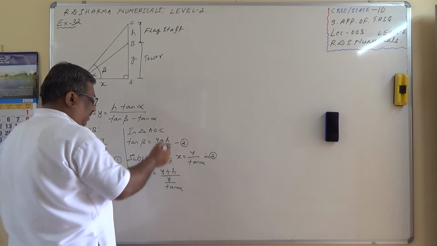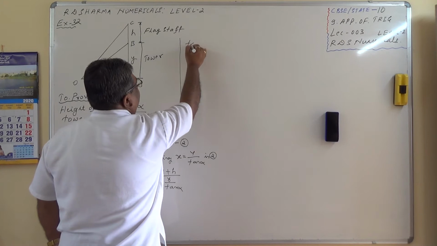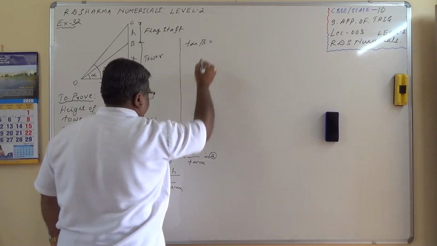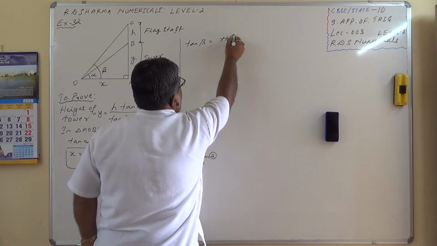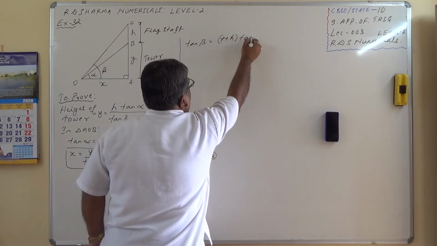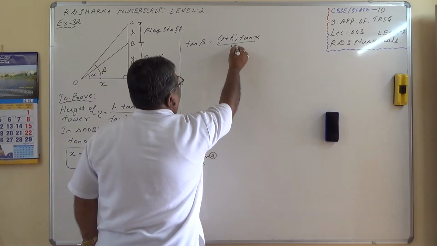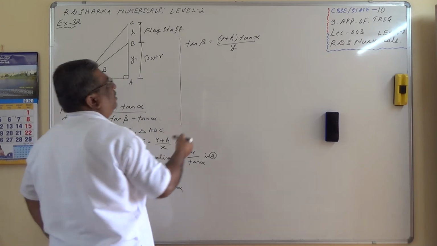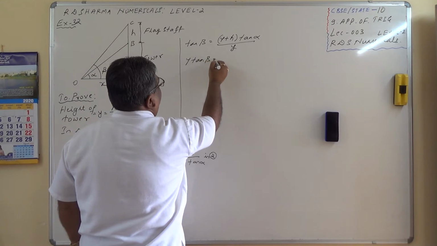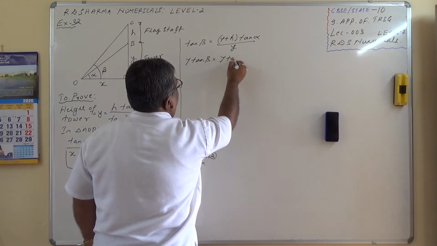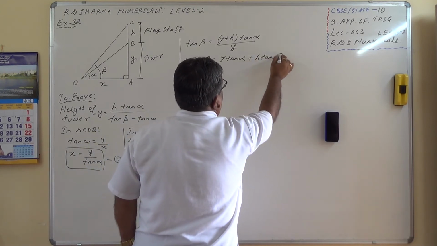So this can be written as tan beta equals y plus h into tan alpha divided by y. I have taken this tan alpha up. So cross multiplication, y tan beta equals y tan alpha plus h tan alpha.